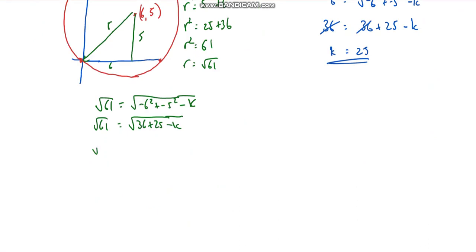So that's going to give me root 61 is equal to root 61 take away k, which means that k is going to be equal to 0, isn't it? Because the only thing different between this and this is nothing. Root 61 is root 61 take away 0. So yeah, two possible options.